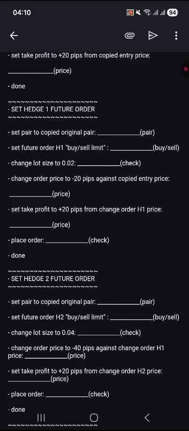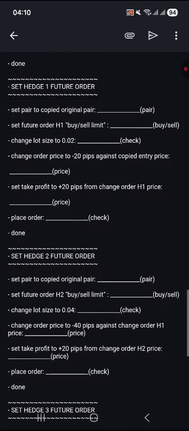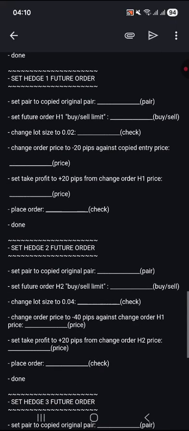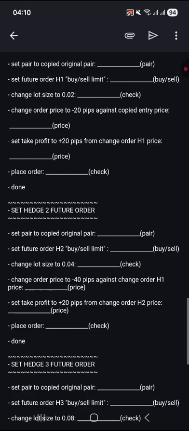Is it a buy limit or sell limit? Are you buying or selling? And then you change the lot size to double of what the original trade is. In this case, it's 0.02. Change the order price to 20 pips against the original trade, okay? And you set a 20 pip take profit on that future order. And then you place the order, that's the future order 1.